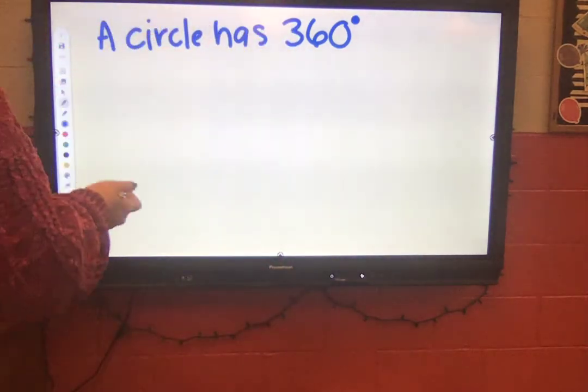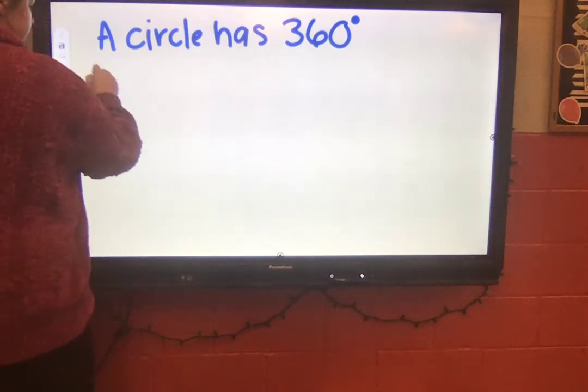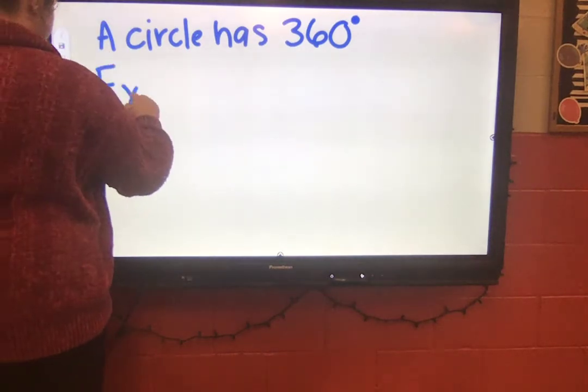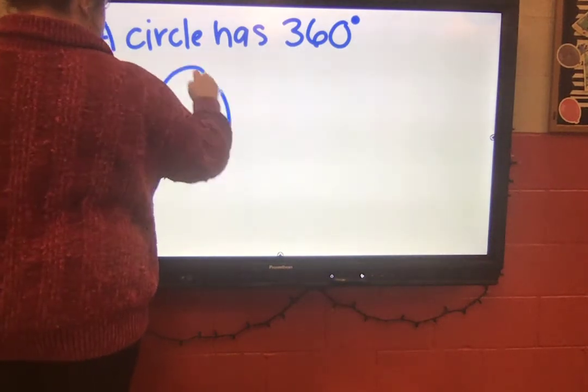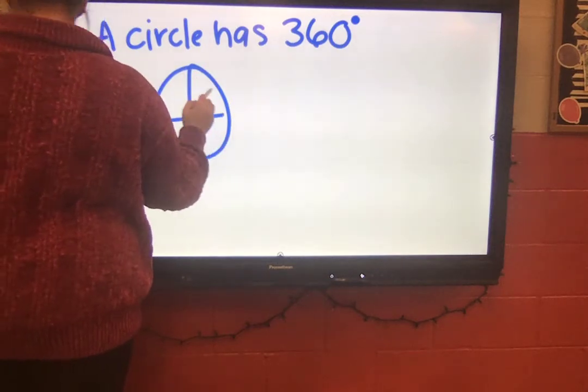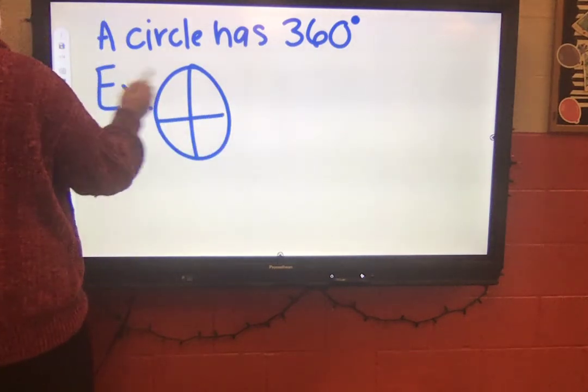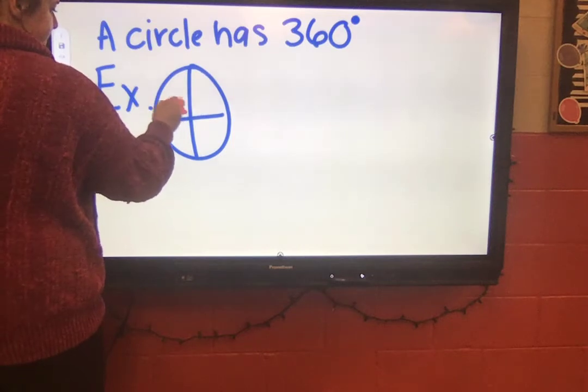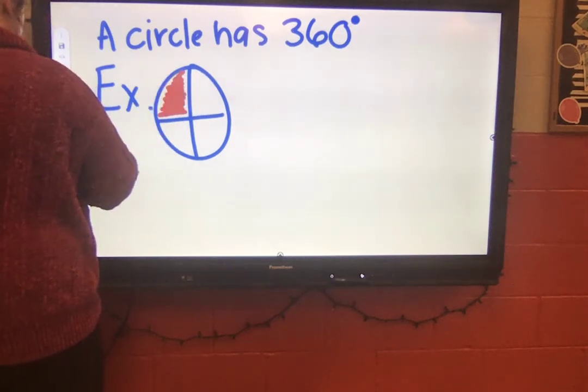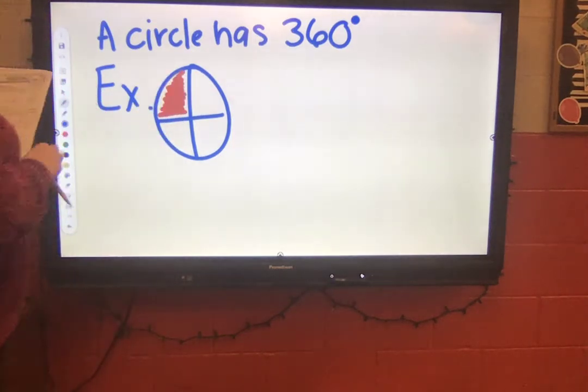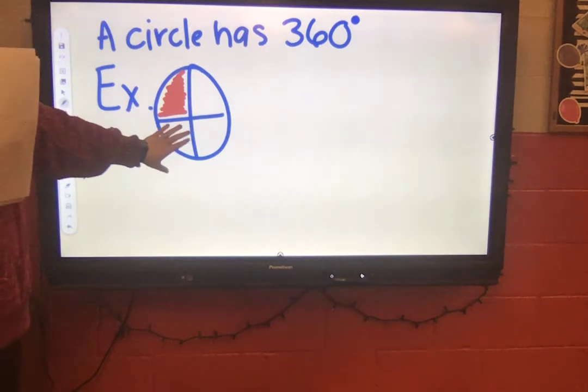So we're going to look at our example. It shows us, and I'm going to use a different color to color it in. So it shows us this circle.